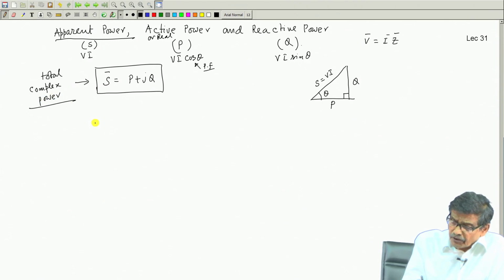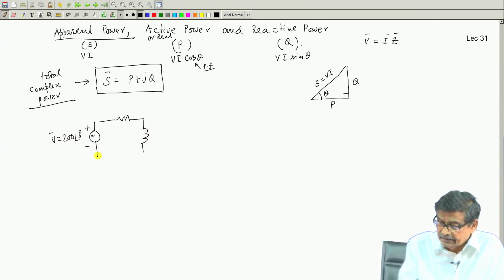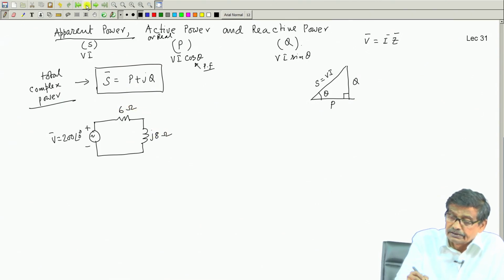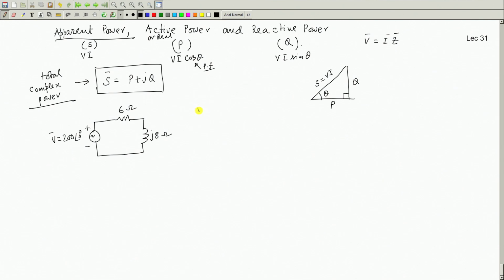For example, take the same circuit as before. Suppose the supply voltage phasor is 200 angle 0 degree, and the impedance Z bar is 6 ohm plus j 8 ohm, which we calculated. Very quickly, let me do it.